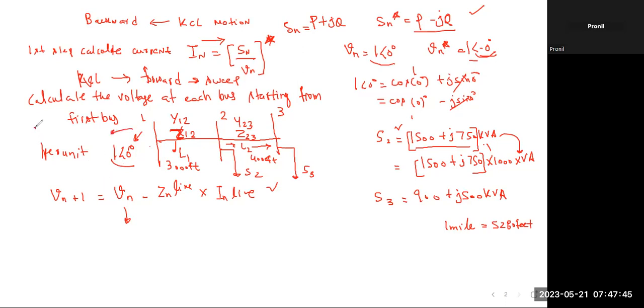In the slack bus, we usually start from there only; we take it as a reference. Wherever we have an S2 term, S2 would mean a load bus. How will it mean a load bus? Because it has P and Q terms. So it is basically a PQ bus, but here it's a slack bus.